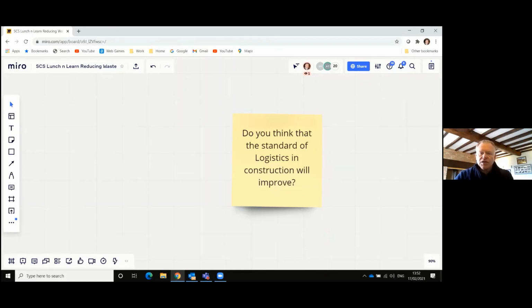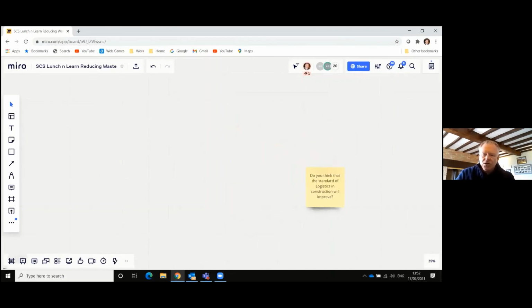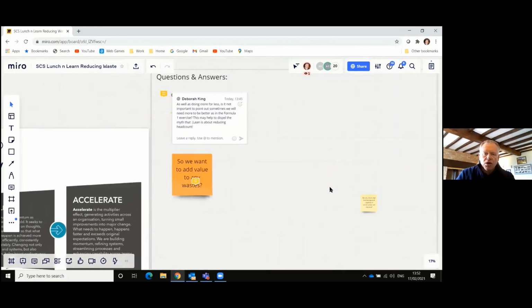Do you want the logistics teams to bring you packages of materials so that you can do elements of the construction in one go without having inventory lying around? So think about how you involve that supply chain to ensure that they're helping you with the construction and not causing you more work on site.